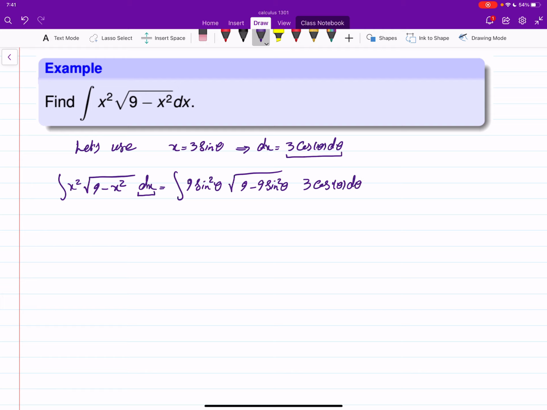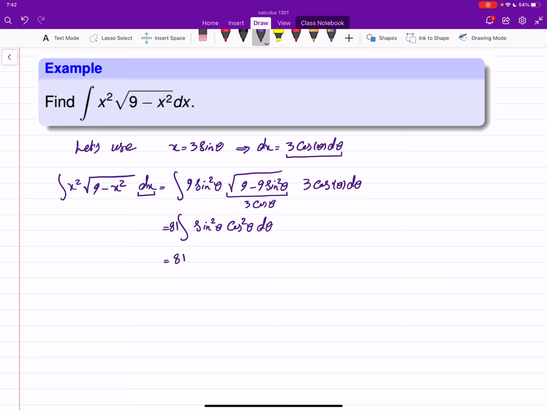Now we can do some trig simplification inside, and you notice that there will be a constant 81. This piece here will turn to 3 cosine theta. That's another good thing about trig substitutions. It changes the integral to a trig integral that we already know how to deal with.